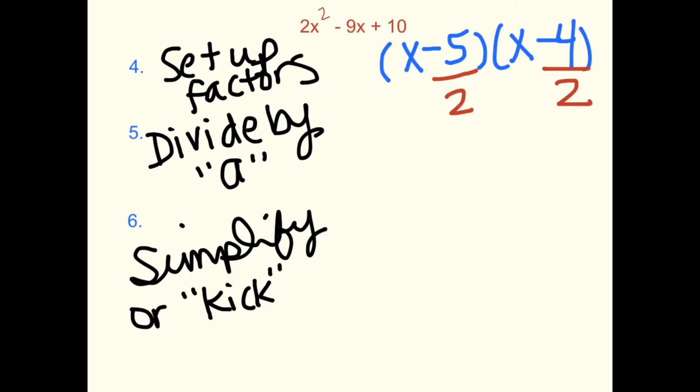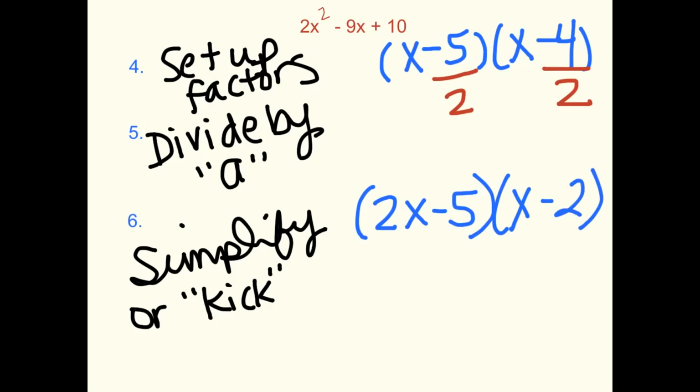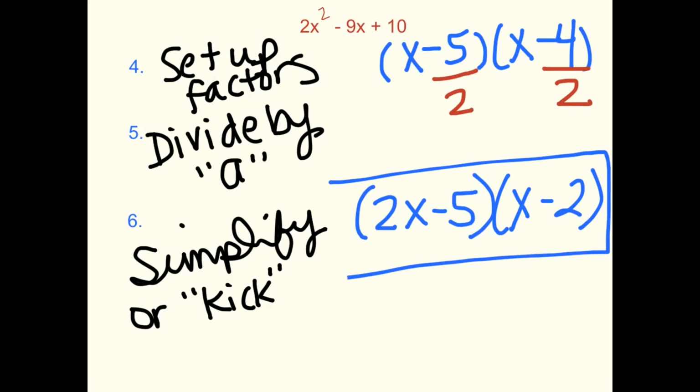So instead, we're going to kick this bottom number, the 2, in front of the x. So now I have 2x minus 5. This part right here, 4 divided by 2, does divide nicely into 2, so I can simplify that. And these are my factors.